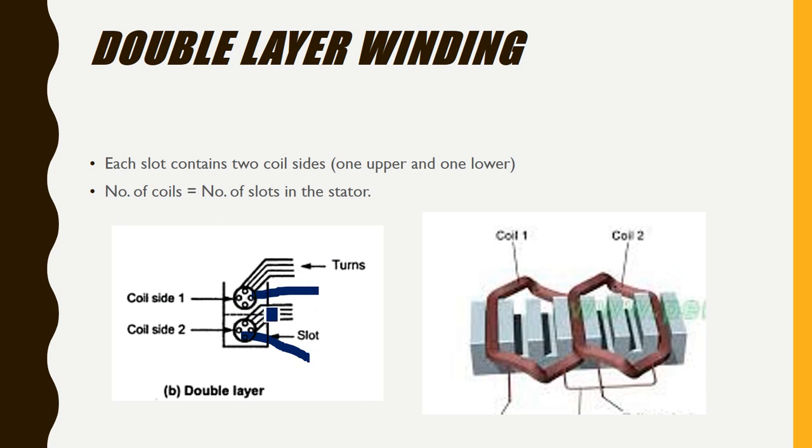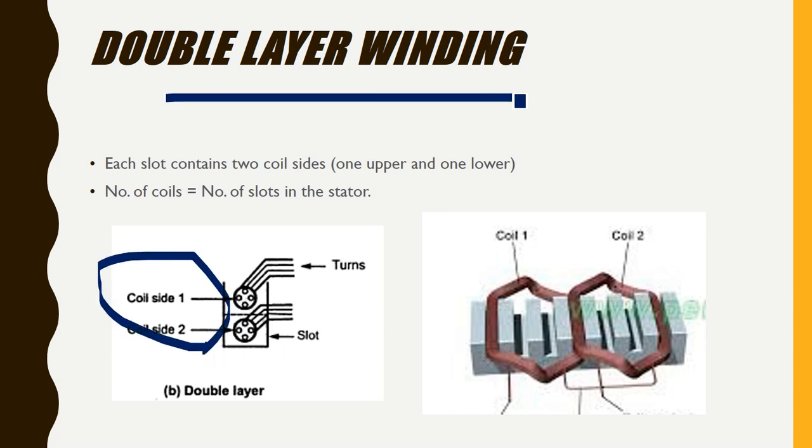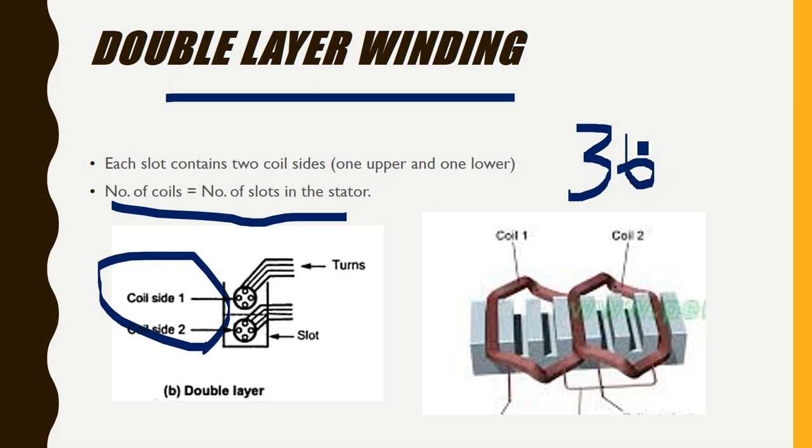So if a slot is having two coil sides, it will be known as double layer winding. And in double layer winding, number of coils will be equal to number of slots. If it is having 36 slots, how many coils should it be having? 36 coils itself. So 36 slots means 36 coils should be there for a double layer winding.